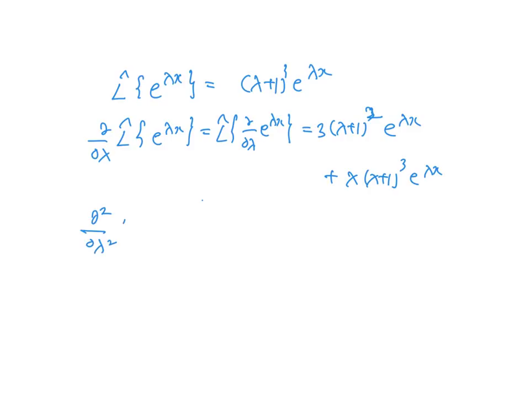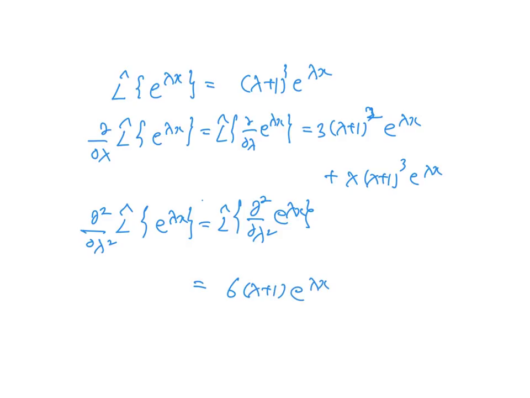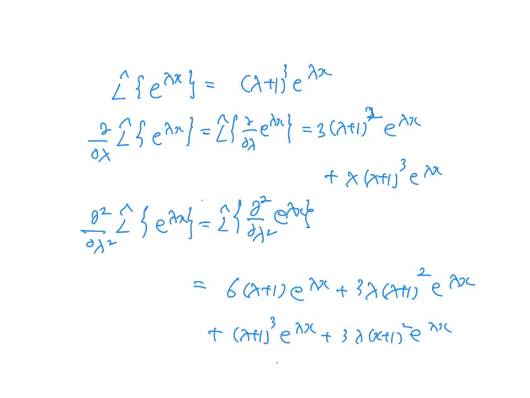Partial lambda squared of L applied to exponential lambda x is 6 times lambda plus 1 exponential lambda x, plus 3 lambda plus 1 squared x exponential lambda x, plus, this is tricky, lambda plus 1 cubed x squared exponential lambda x, and so on.